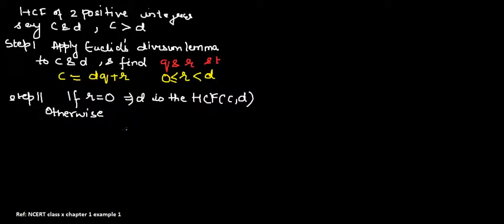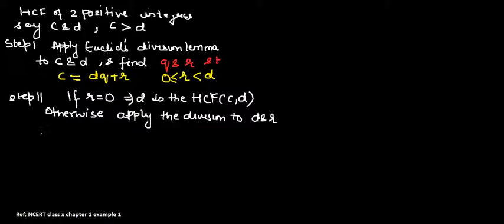Otherwise, apply the division lemma to D and R, where R would be smaller than D, as we already know. This is how you keep on continuing and you will find your answer.